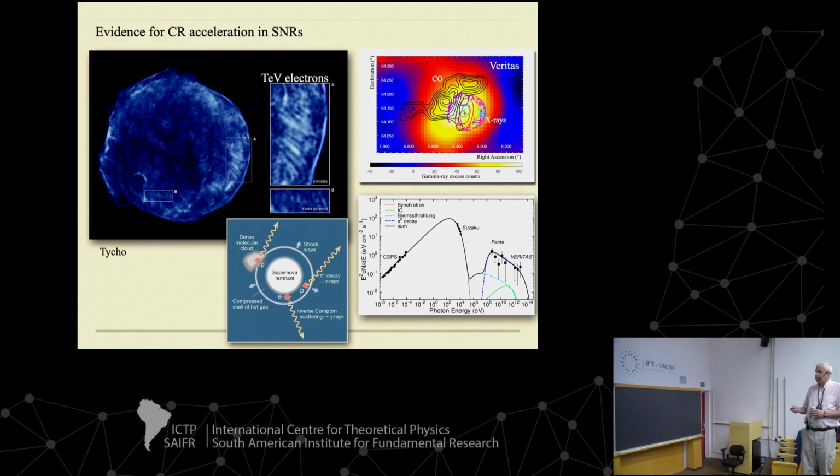So this is one of the first supernova remnants that allow us to claim, okay, supernova remnants are good contributors to the TeV cosmic ray spectrum in the galaxy, as was proposed half a century ago by Ginzburg, Syrovatskii, and independently by Shklovsky.